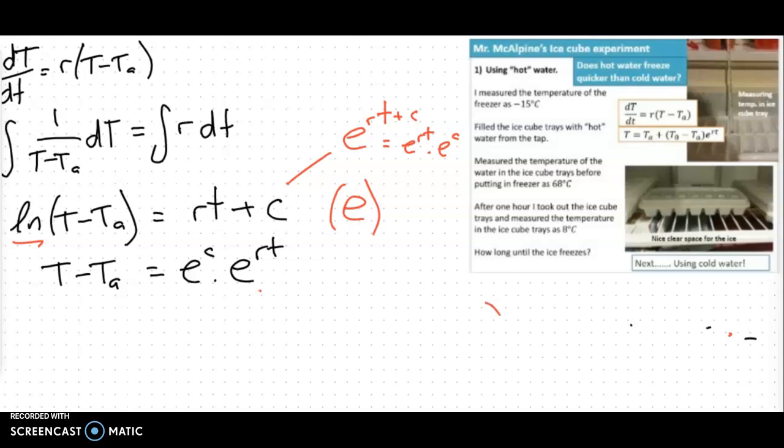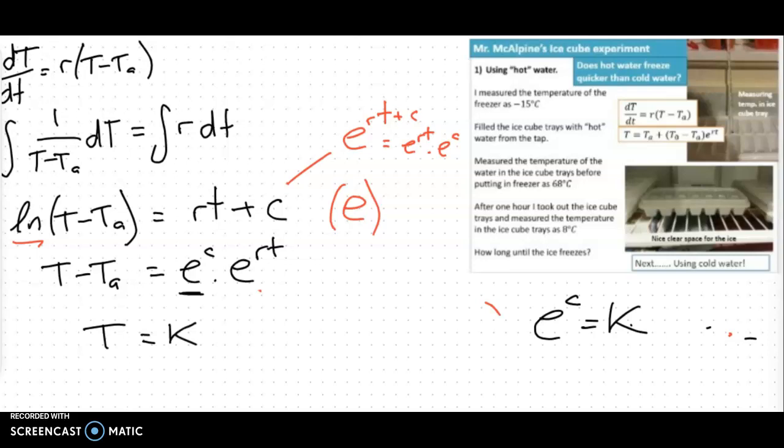So basically we're just going to rearrange this. We know e to the power of c is just going to be some constant, because e is a number to the power of a constant, so that's just going to be a number. So often instead of writing e to the power of c when I'm solving this, I'll just put e to the power of c equals, I don't know, big K, right? It's just another constant. It's just whatever.